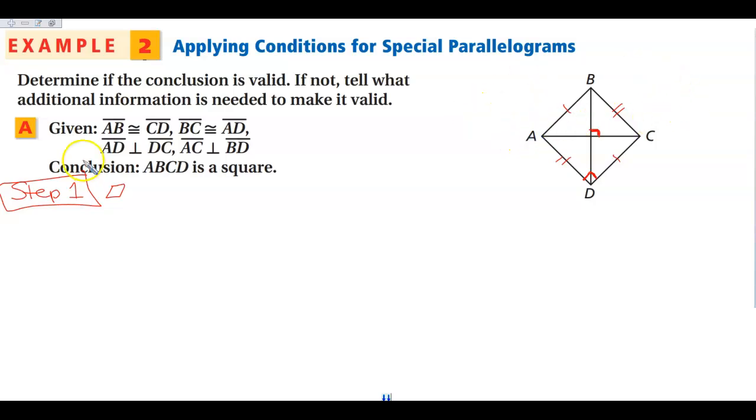So if we look to determine whether or not we have a parallelogram, I have here opposite sides are congruent. So that's AB is congruent to CD and BC is congruent to AD.